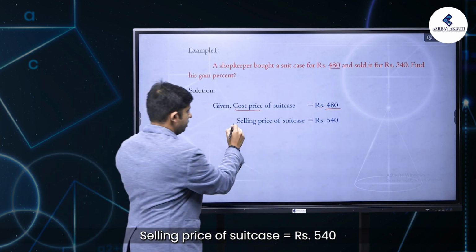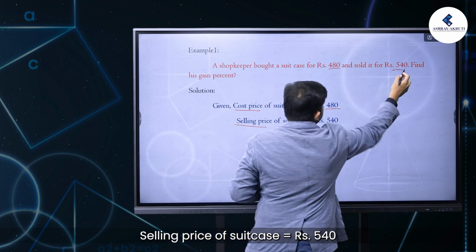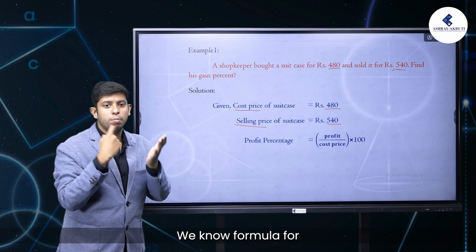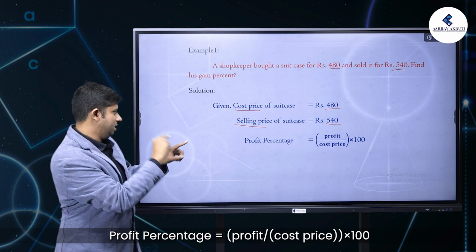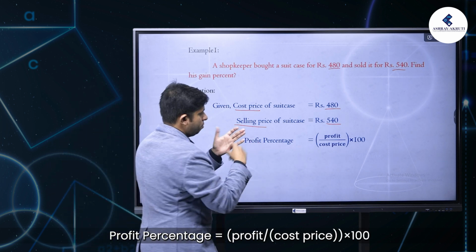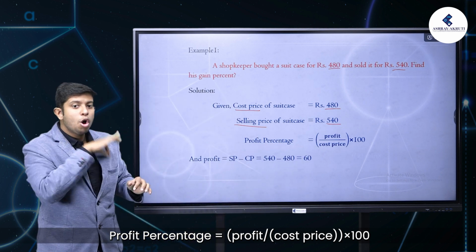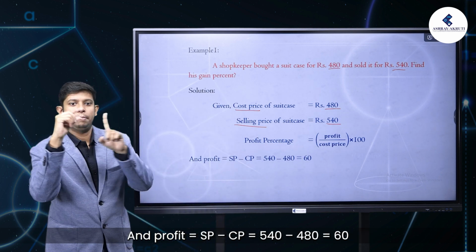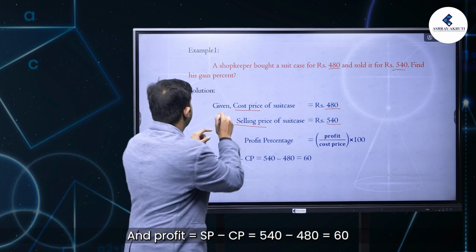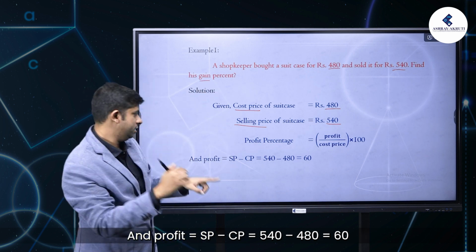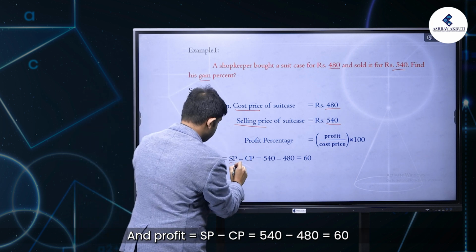Selling price of suitcase is equal to Rs 540. We know the formula for profit percentage is equal to profit by cost price into 100, and profit is equal to SP minus CP equals 540 minus 480 is equal to 60.